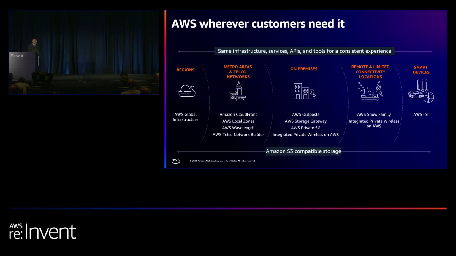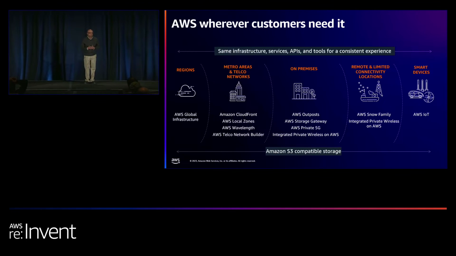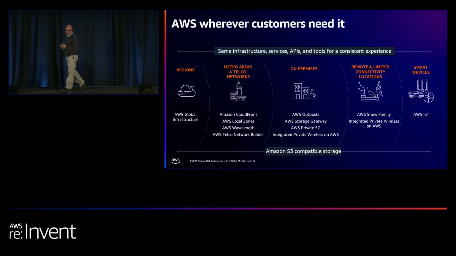So let's cover a little bit on some of the services as we know them. On your left-hand side, you have the global infrastructure of regions. These are regions where we deploy your applications, the regions you know and love. Now, in the first click stop, we have the metro areas and telco networks.